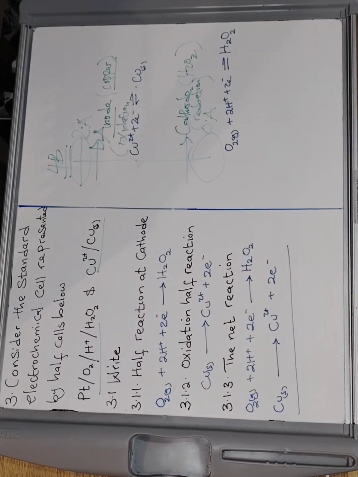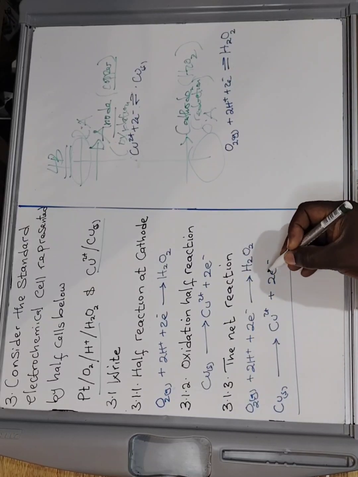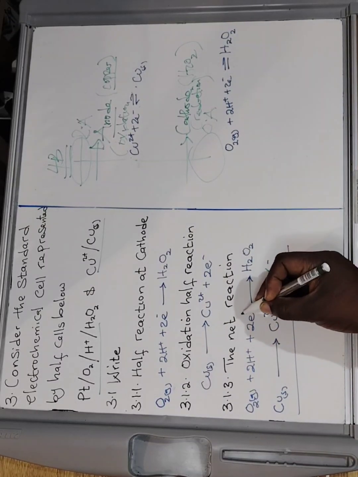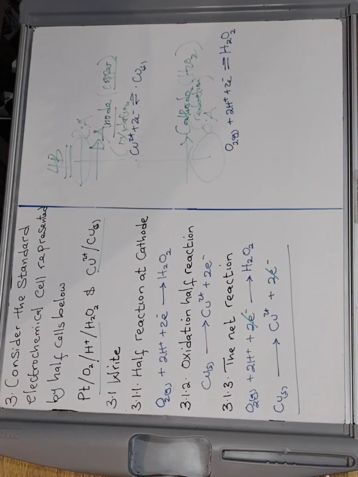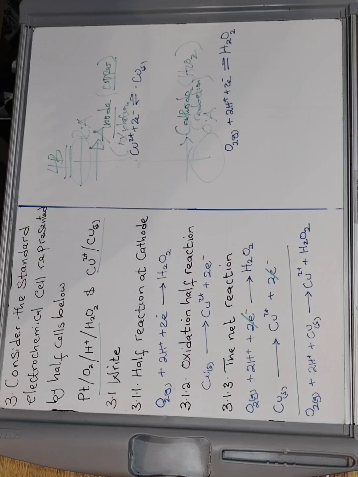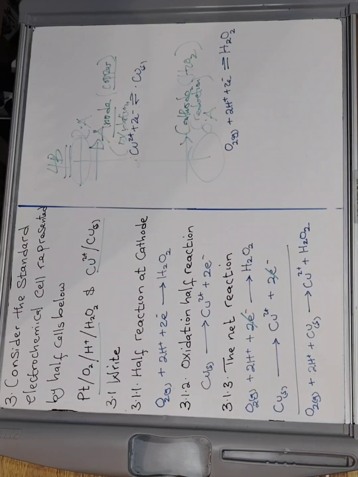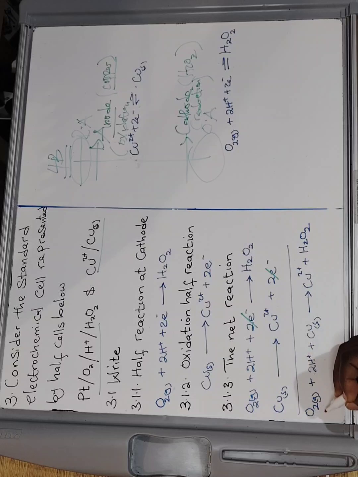So this is what we have. After that, you cancel these electrons out, and what remains behind is the net reaction. So that happens to be our net reaction.